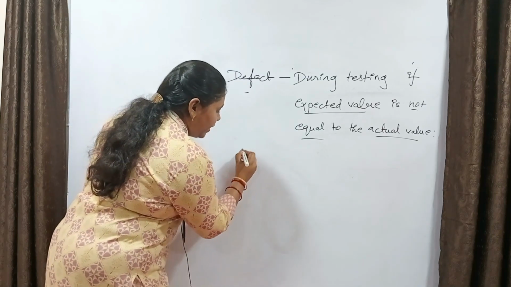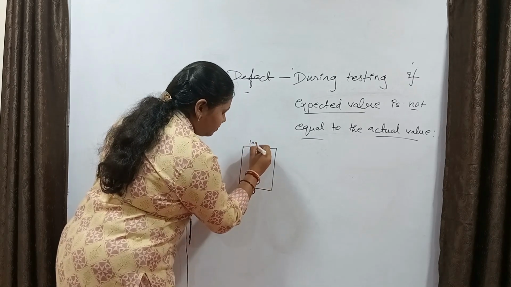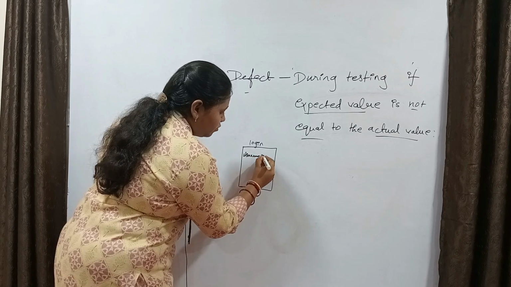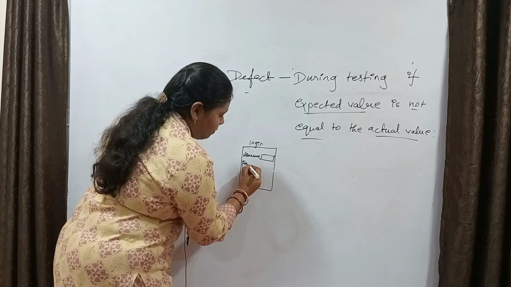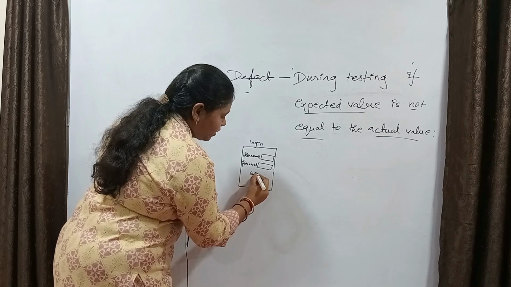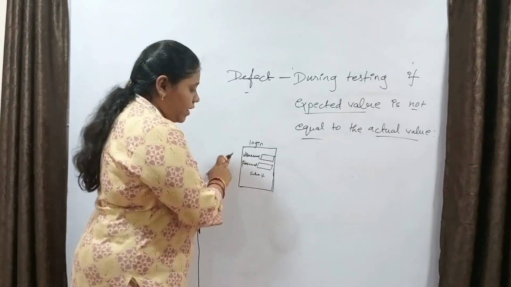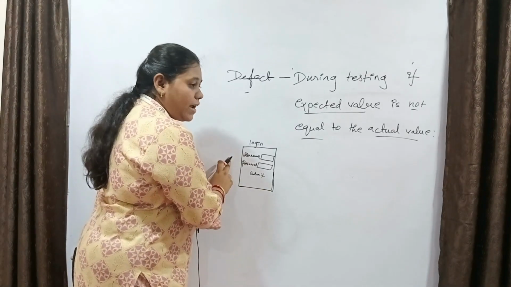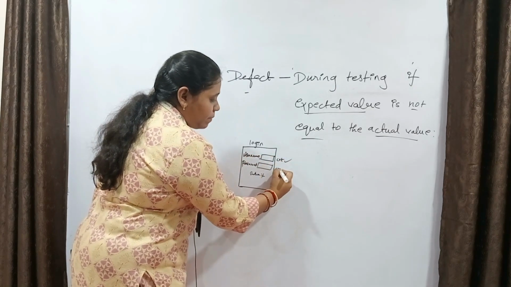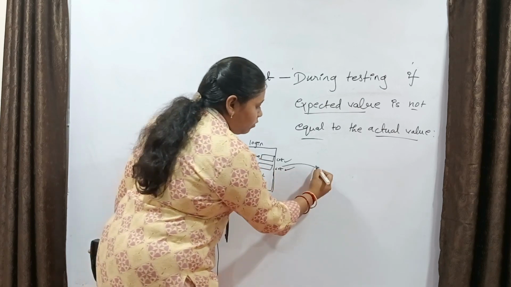For example, we are going to test our login page. Here we have a username field, and here we have a password field. After entering these, you click the submit button. If you give a correct username and correct password and click the submit button, it has to move to the home page.